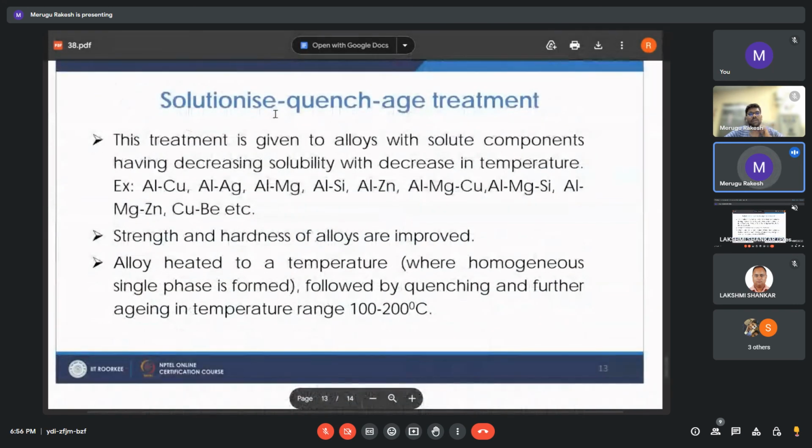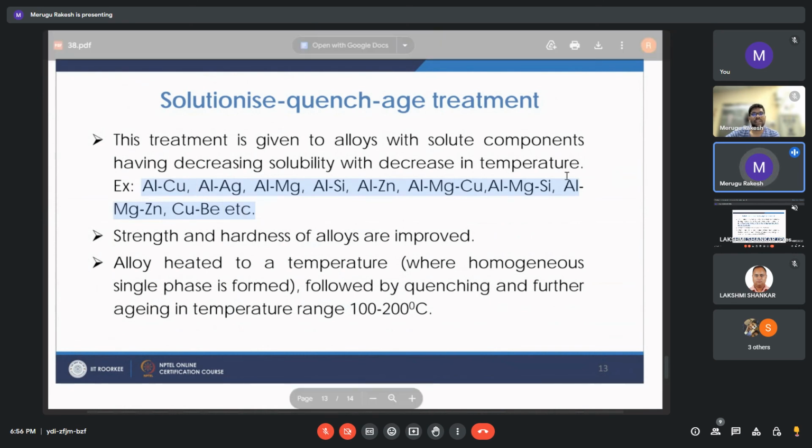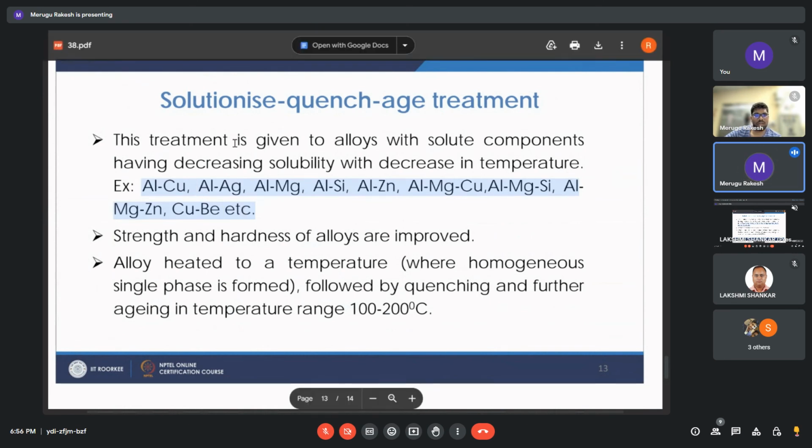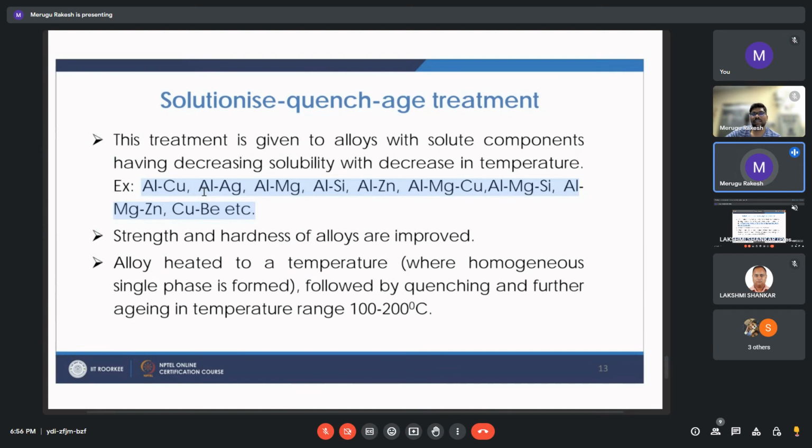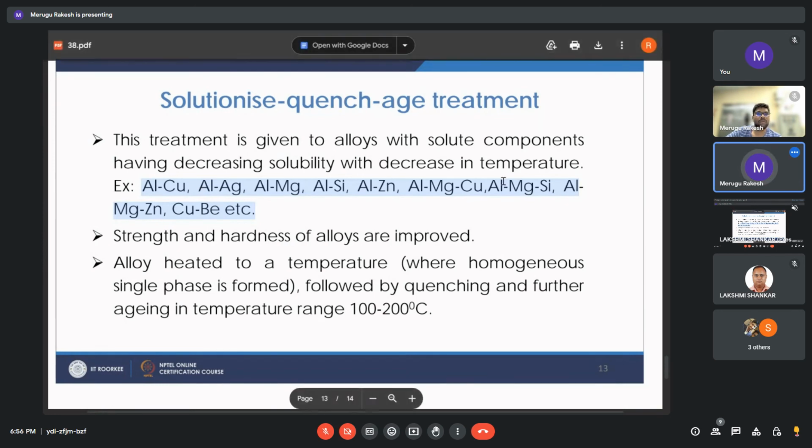This is also one of the important techniques, that is the age treatment. Suppose we have some elements: aluminum-copper, aluminum-magnesium. So these are the different types we have. Basically the solubility is very low in these. But if you mix aluminum and copper, and cool it very suddenly, it will not have any time to diffuse, so it will solidify.